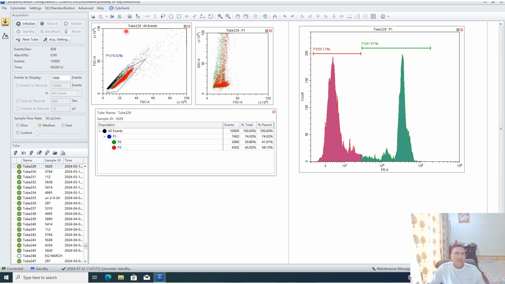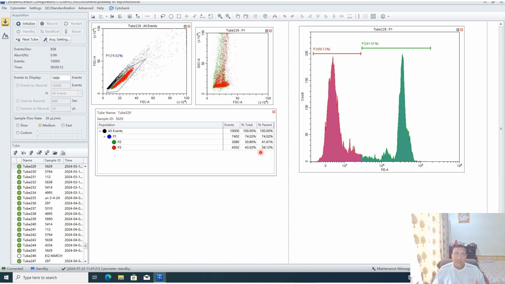There is an option for statistics, so we can estimate here: all events 10,000, 100%; P1 74%; P2 41%; P3 58%. P2 is the MitoSOX positive population and here is the P3 population. In this way, we can know the status of superoxide production of our sperm cells.